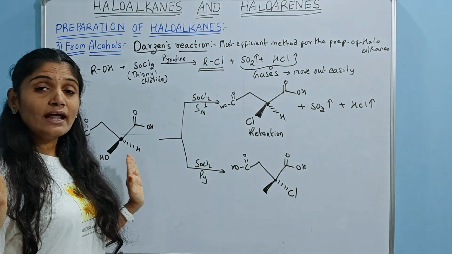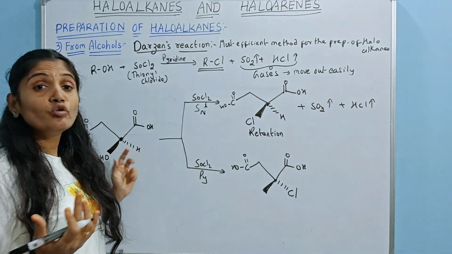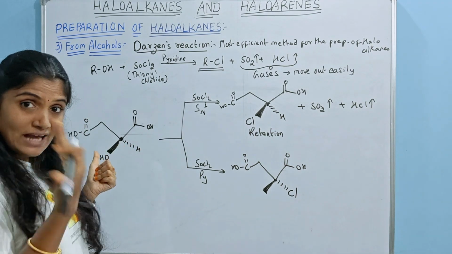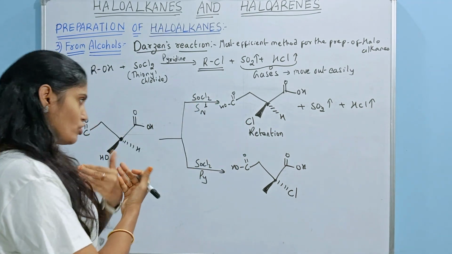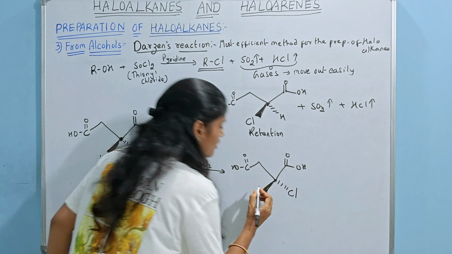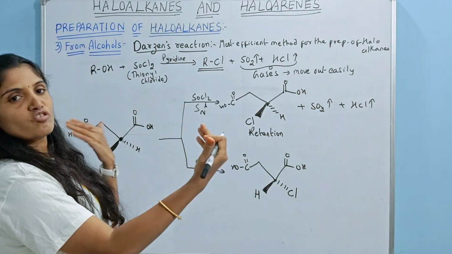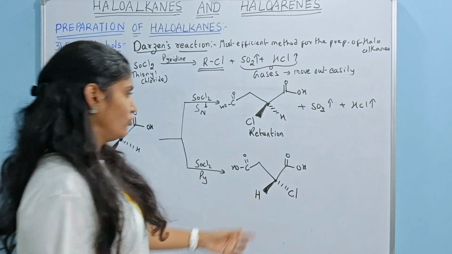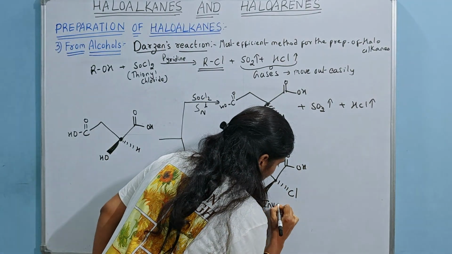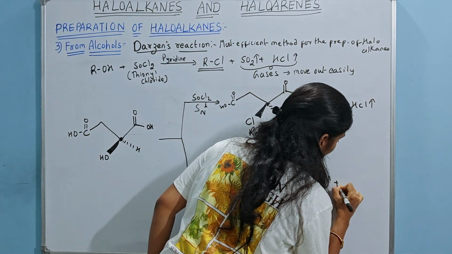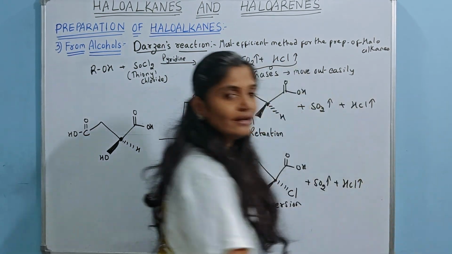Cl minus will attack from the plane which is opposite to OH, which is in front of the plane. So Cl minus will attack behind the plane. So there is inversion of configuration, and hydrogen will come in front of the plane. Cl minus will go behind the plane, H will come in front of the plane. So you can clearly see inversion of configuration here, along with the release of SO2 gas and HCl gas.